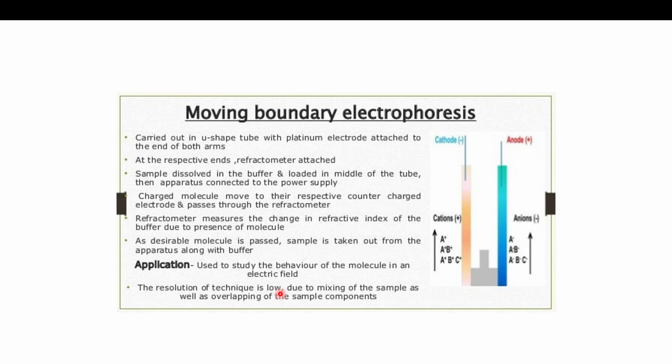Suppose we are talking about a protein or a nucleic acid mixture. One kind of subunit might have similar charge, so it will move towards that side. So the resolution is too low and there will be intermixing, or overlapping, of the sample components.